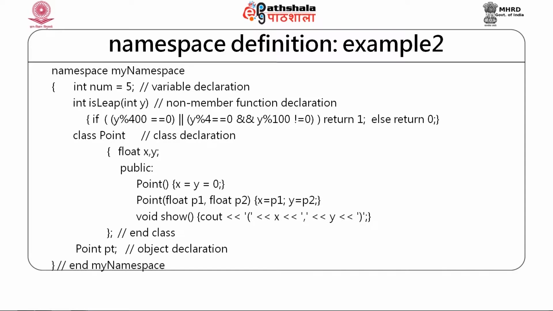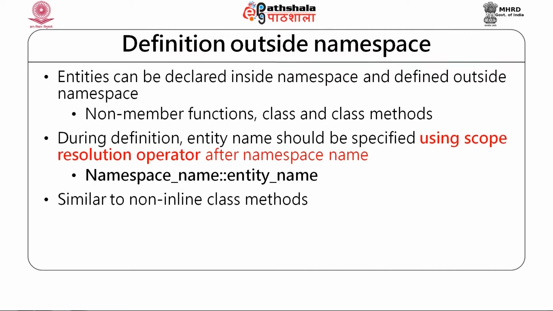Here the variable and the function isLib, as well as a class named point, and after that we have declared an object of the class point within the namespace. So, this way here we have four elements: int num, int isLib function, class point, and the object pt of the type point. This way we can include the entities with unique names in a namespace.